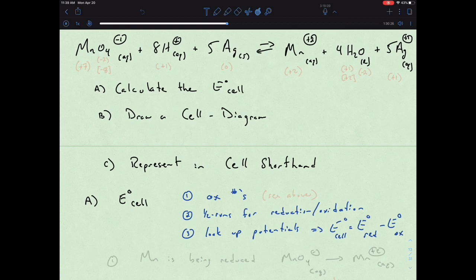If we look at our manganese here, it would be in the +7 state. Our oxygen is in the -2, but there's a total of 4, so that's -8. So that's why we have the manganese in the +7. The hydrogen is in that +1 oxidation state, and the magnesium is 0.